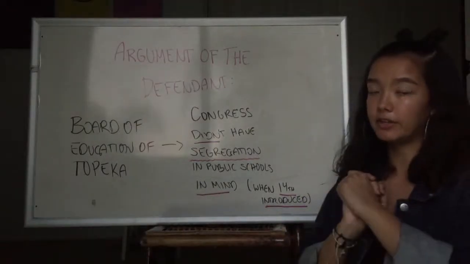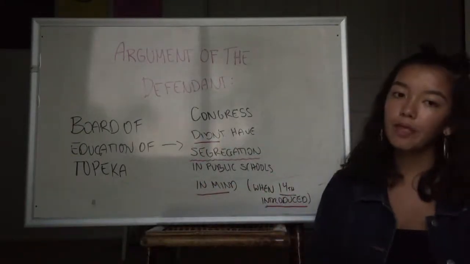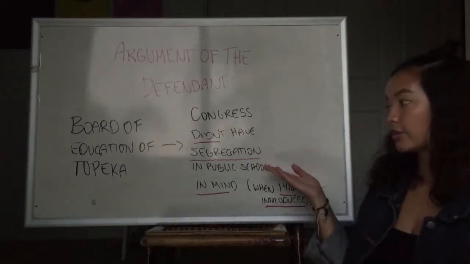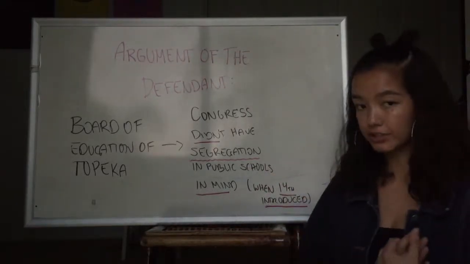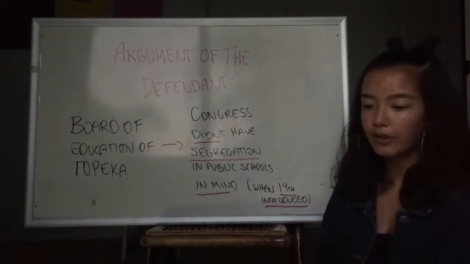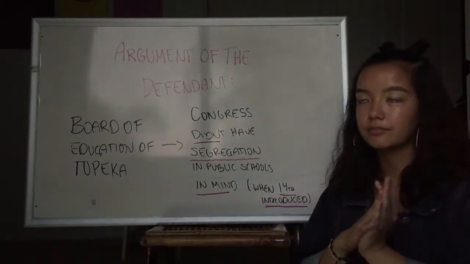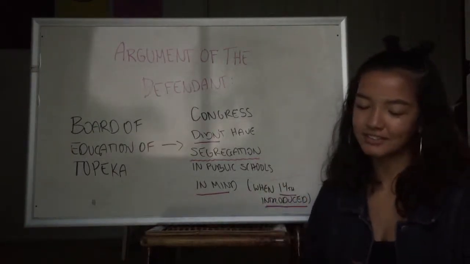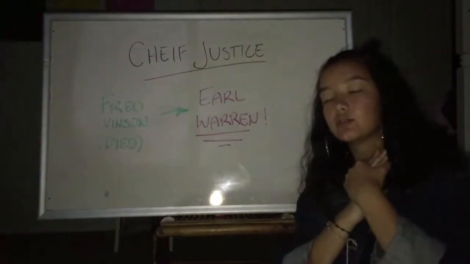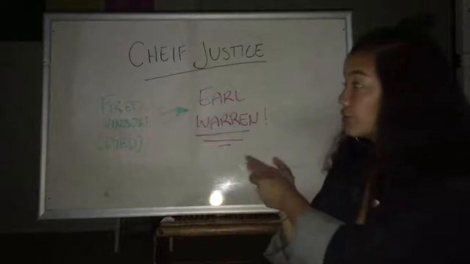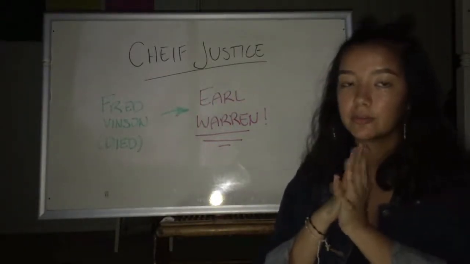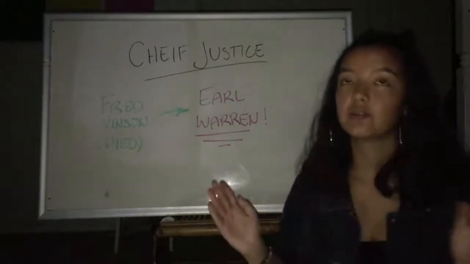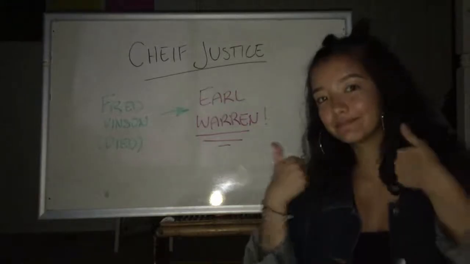The defendant is the Board of Education of Topeka, and they argued that Congress didn't have segregation in public schools in mind when the 14th Amendment was ratified. This also dates back to Plessy versus Ferguson and the separate but equal clause. The Chief Justice, Fred Vinson, unfortunately died, so the case passed on to Earl Warren, who was known for passing civil rights cases, and the vote ended up 9-0 against segregation in schools.